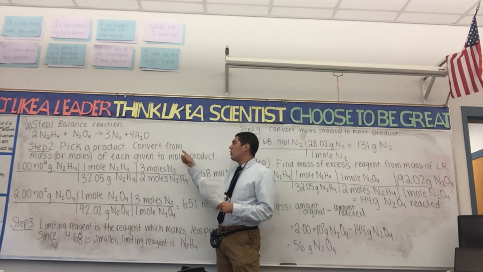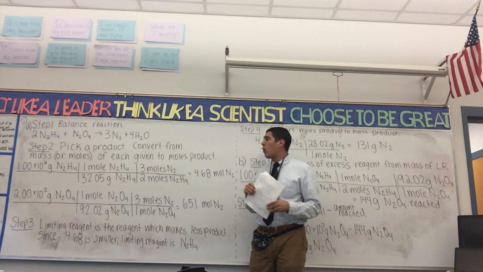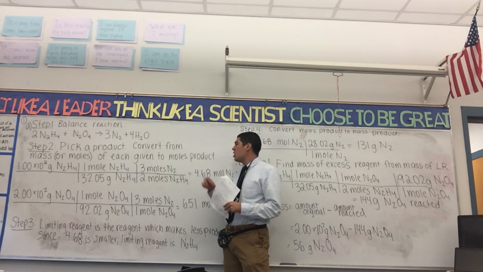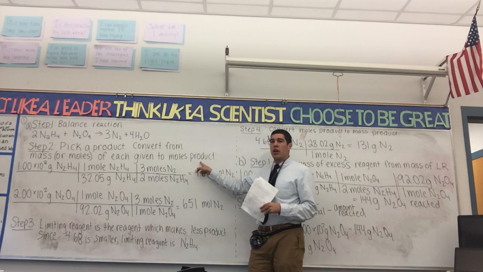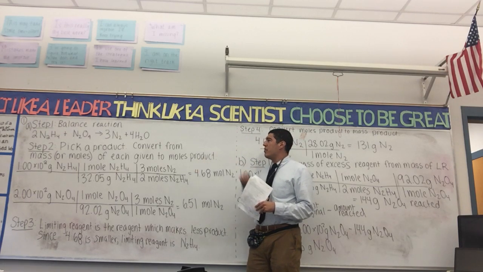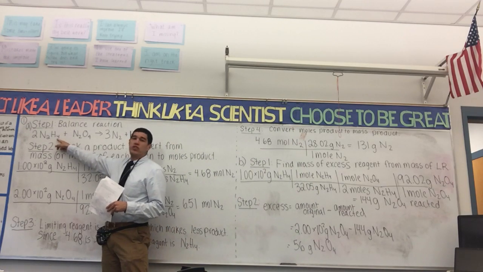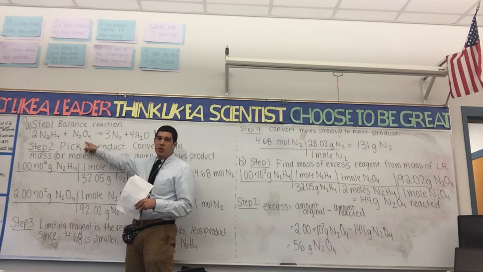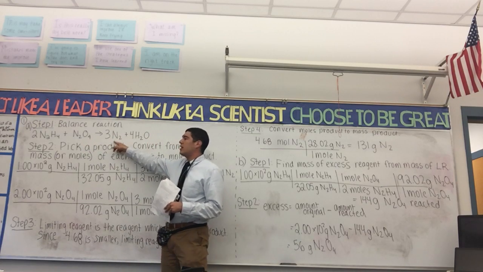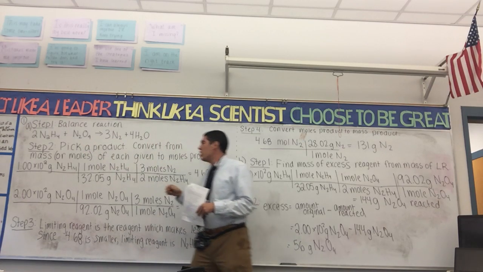For pick a product, you convert from mass or moles of each given to the moles of that product you picked. In this case, I have my reactants, N2H4 and N2O4, and the product I picked was N2.